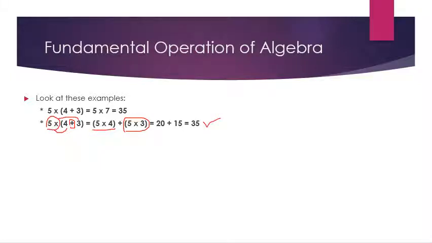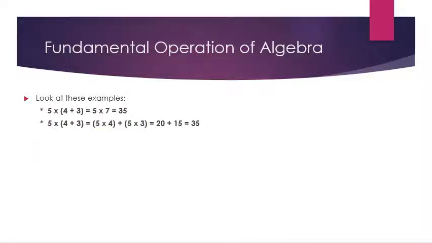This is used a lot because in algebra you cannot add different kinds of letters, and that's why this fundamental of distribution is really important and you have to remember. It goes the opposite way too. It can be changed from this to that or from that to this to make solving problems easier.